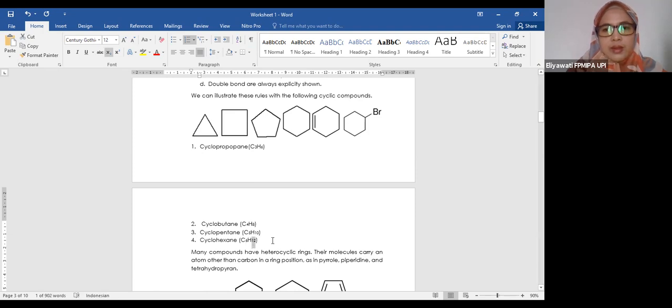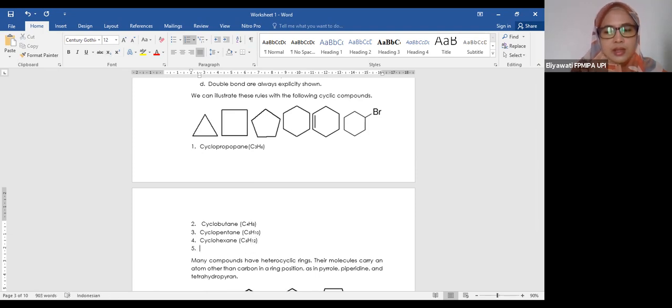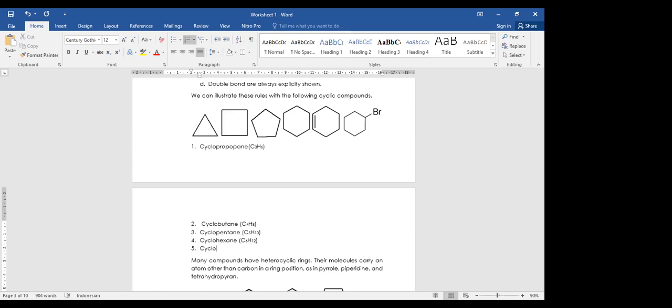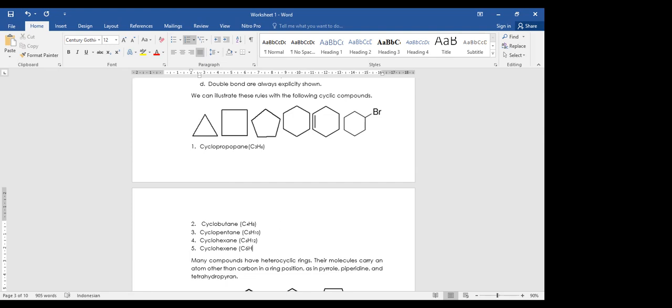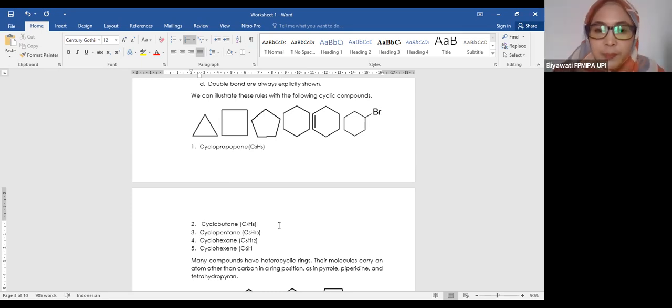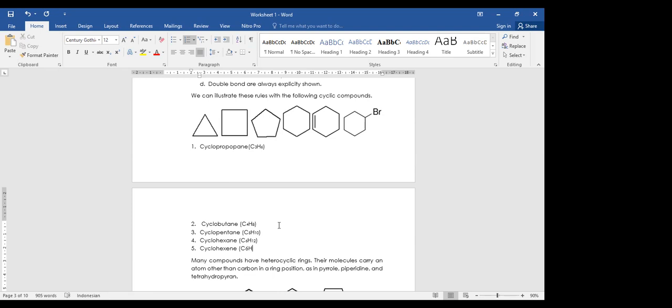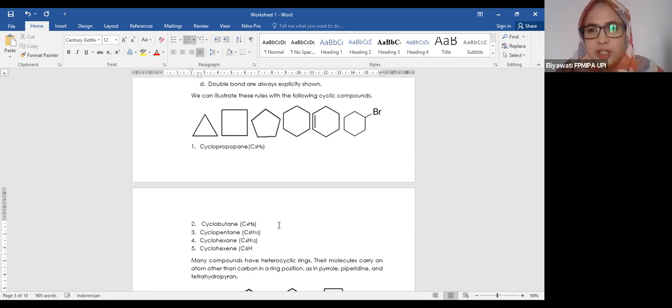And then next, cyclohexene, with E, because there is a double bond. C6H. How many hydrogen atoms? H10. Why 13?